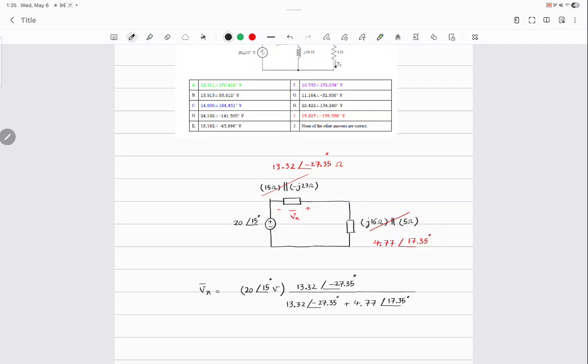One more detail that you have to pay attention to here.